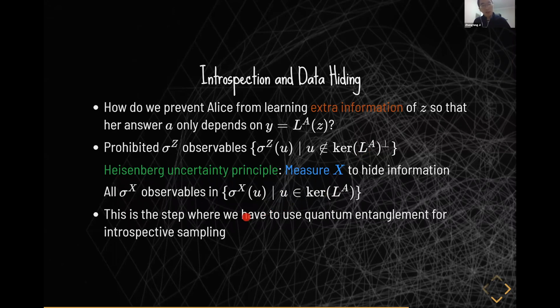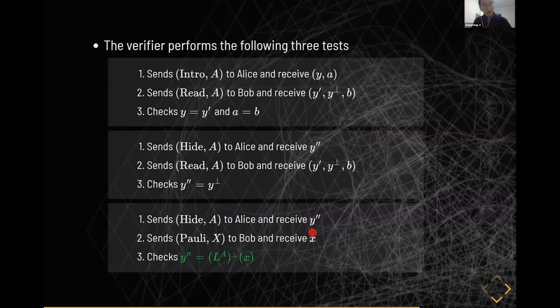And with some extra work, you will be able to show that this actually works, so that Alice and Bob have to measure these questions and only see this information Y, but not extra information in Z beyond Y in sampling these question pairs. Okay, so that's how we do it.